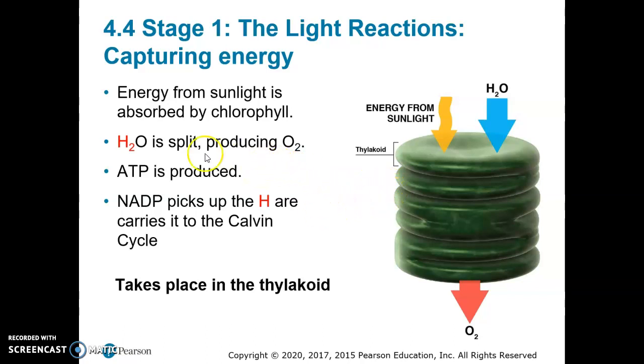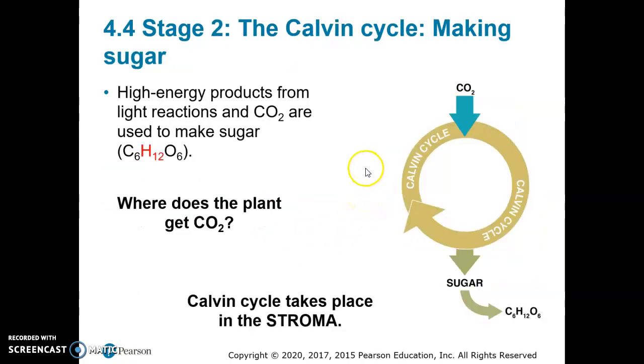Those hydrogens that it steals off of the water come out of the thylakoid, out into the surrounding structure called the stroma, where they'll come in contact with the Calvin cycle. The Calvin cycle takes the carbon dioxide. There's an enzyme located in the stroma, that space in the chloroplast.